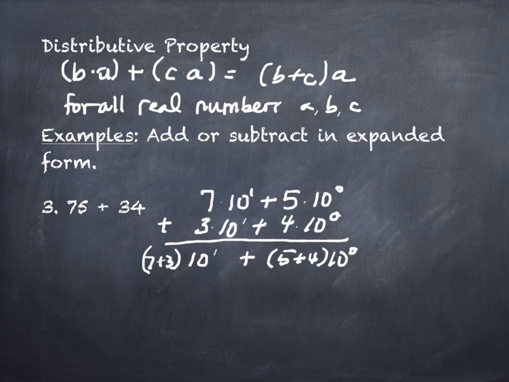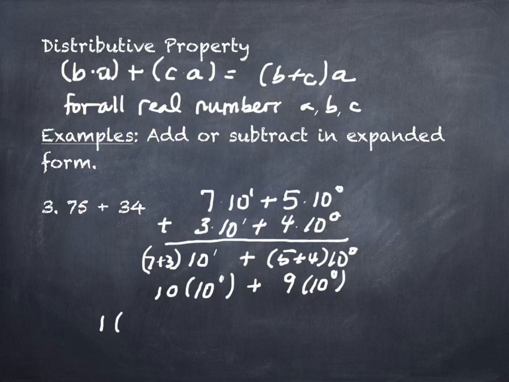Now, awkward things happen here a little bit. Here's 9 times 10 to the 0, and of course that's fine. But the part that's awkward is this one, because 7 plus 3 is 10, and 10 is not a numeral, it is two numerals, 1 and 0. So you want to remember that 10 times 10 is 100.